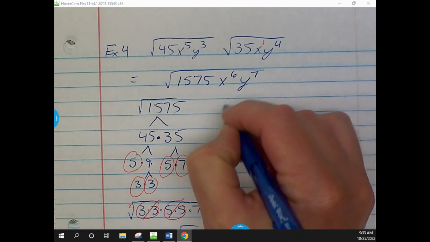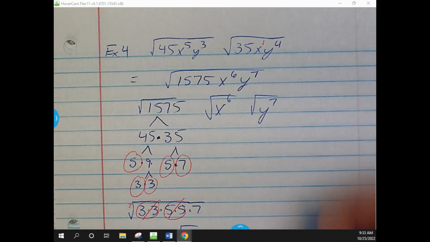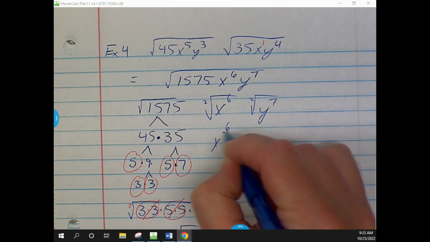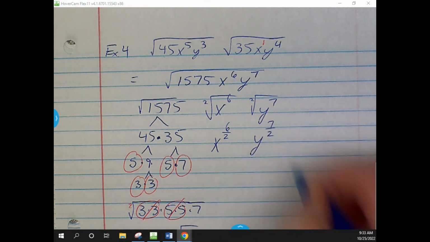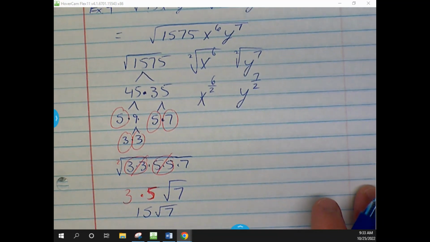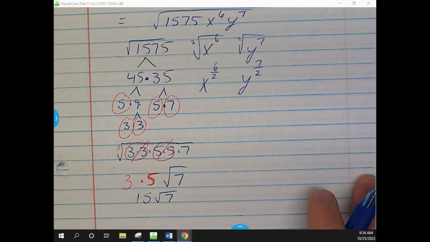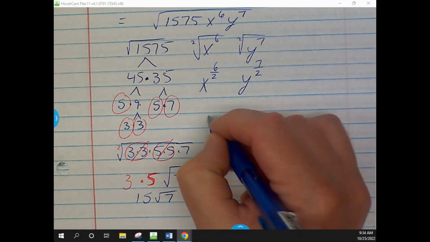Up here, we've got the square root of x to the 6th and the square root of y to the 7th. Because it's square root, we're basically taking x to the 6th and dividing it by 2, and y to the 7th and dividing it by 2. What is 6 divided by 2? 3.